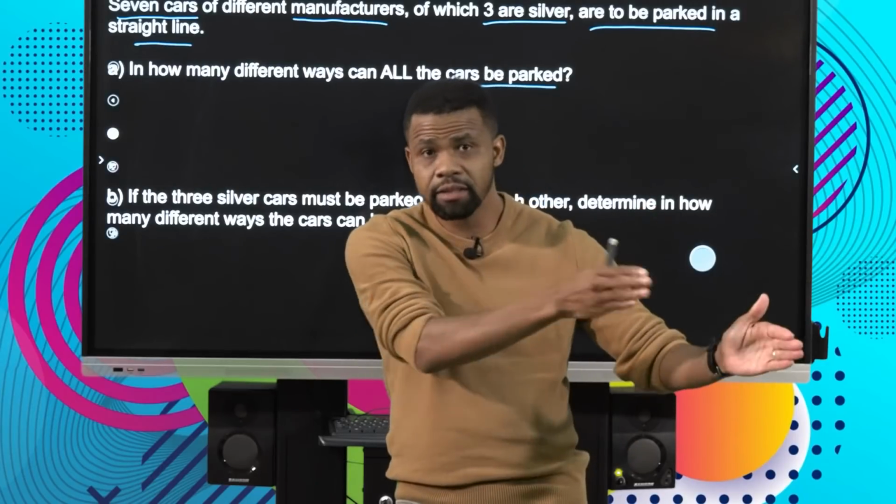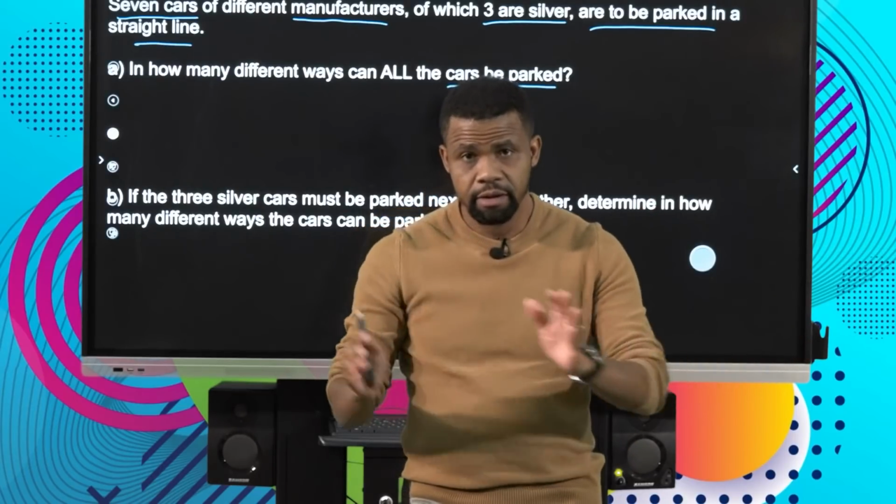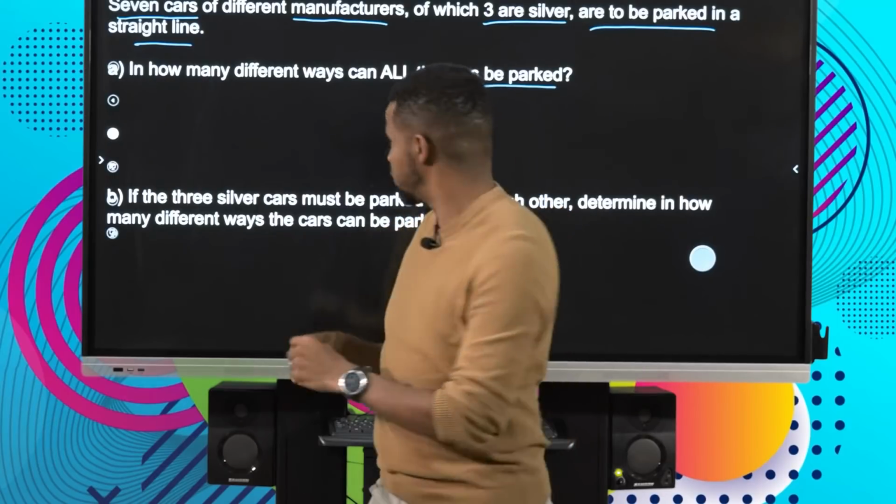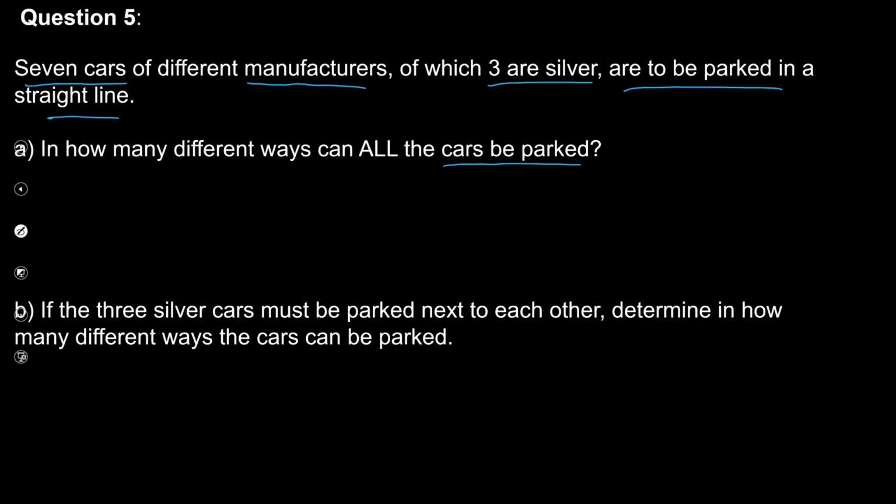Then if I've parked the first and the second, what happens there? Let's look at this. Because we have 7 cars, which is 1, 2, 3, 4, 5, 6, 7 cars. If I've parked the first car there, I take 1 car.